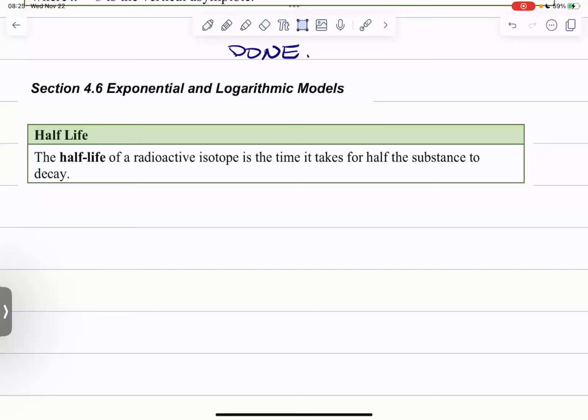So half-life of anything that decays or deteriorates is the time it takes for half the substance to decay, right? And so that's useful information. And so let's skip straight to an example.